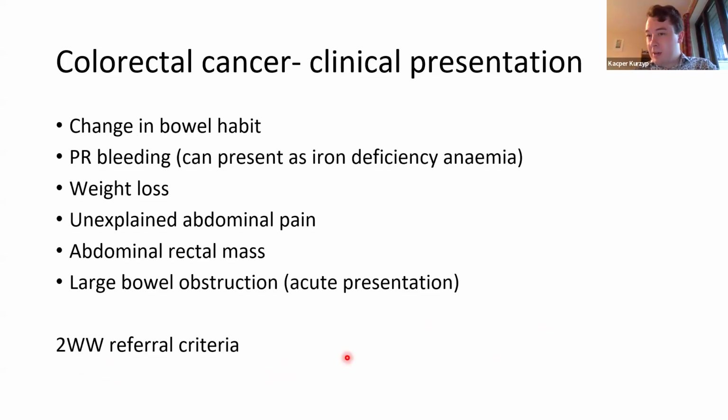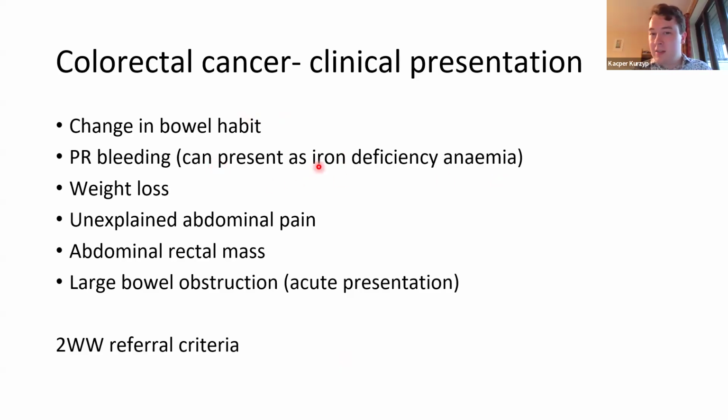Now, the presentation of the patient. They may be asymptomatic and presenting through the screening program as I have seen in the past, but if they do have symptoms, they may complain of change in bowel habit. They may have rectal bleeding. Now, it can be very minor, so they may not see it.